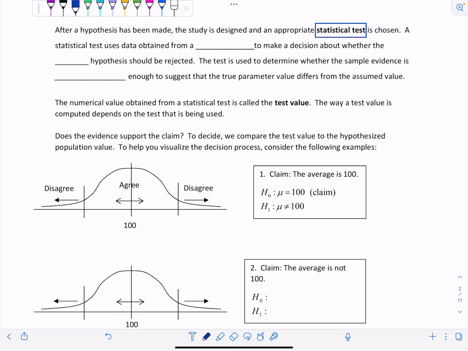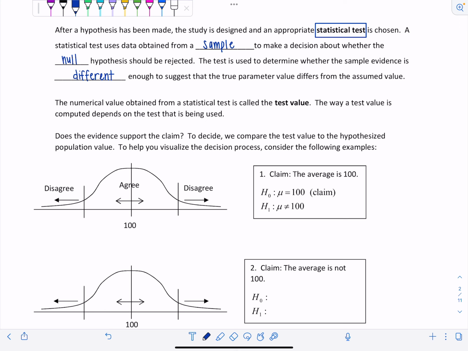A statistical test uses data obtained from a sample to make a decision about whether the null hypothesis should be rejected or not. The test is used to determine whether the sample evidence is different enough to suggest that the true parameter value differs from the assumed value.